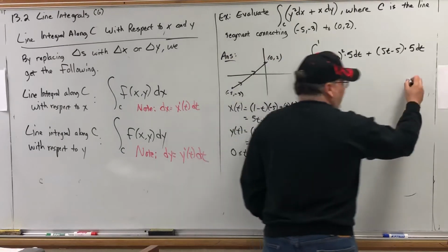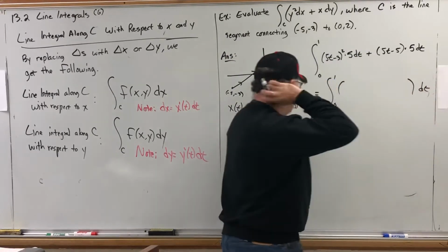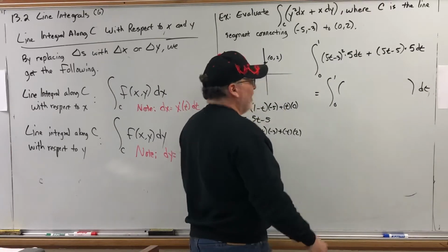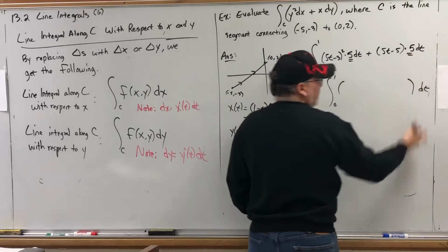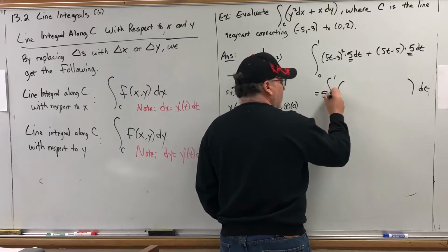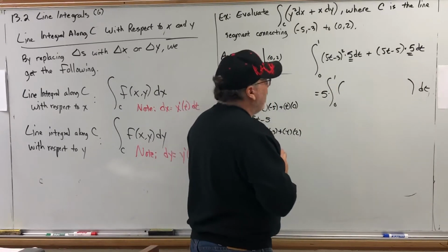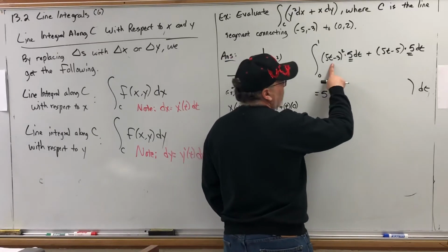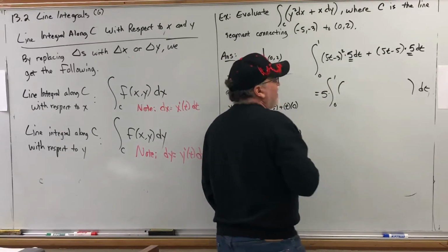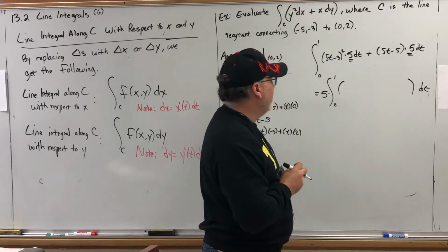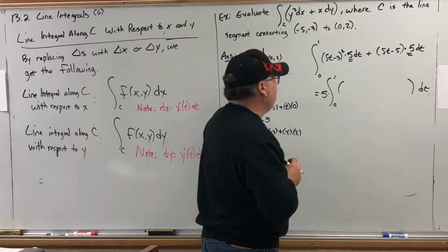We can pull the dt out and just clean up this mess. In fact, I'm going to pull out the 5. Both of these have a 5, so I can factor it out. Just hope I don't forget it at the end, like I did in the previous video. If we square this, I can integrate that without squaring, but I get the feeling your intuition would probably say square it, so let's go that route.